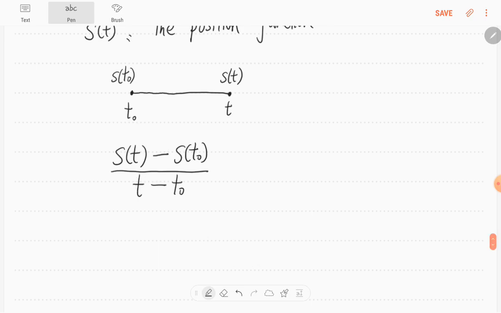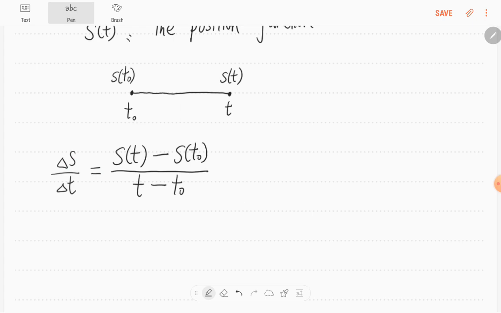This is the distance traveled divided by the time period from t naught to t. So the time for the traveling is t minus t naught. So this is the distance divided by the time, which is actually delta s over delta t, right? The change in the position over the change in time. So this one will give you the velocity, right?